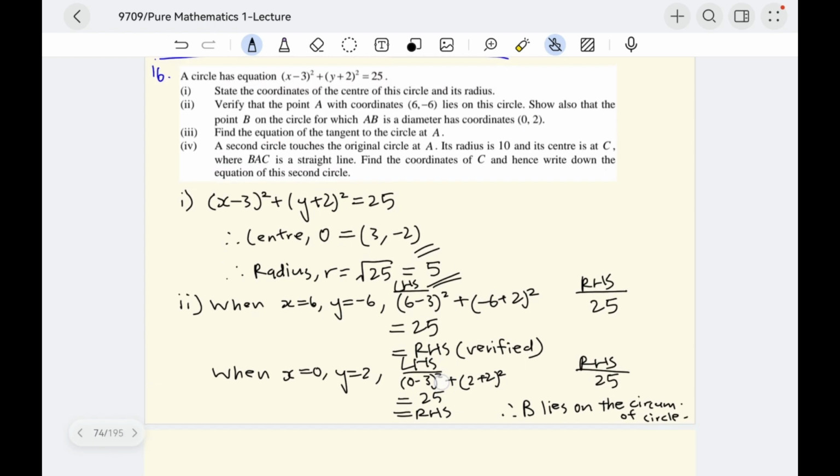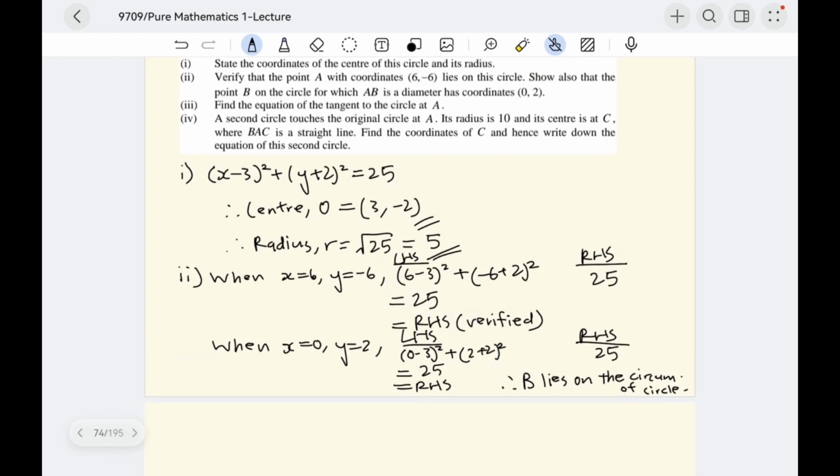Let's move on to the next proof. How do we know that AB is a diameter? Second, you can carry out the distance formula by looking for the distance of AB.